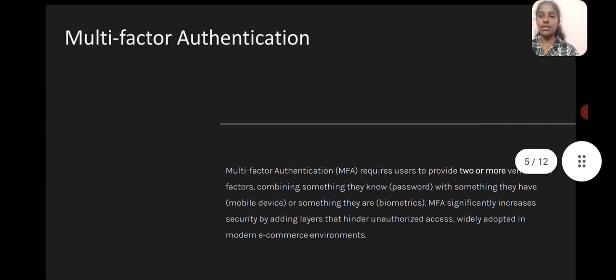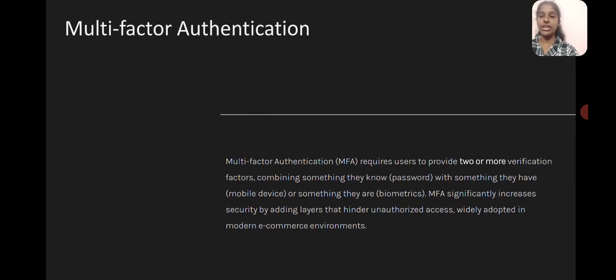The next one is multi-factor authentication. It requires users to provide two or more verification factors, combining something they know, like passwords, with something they have, like mobile devices, or something they are, like biometrics.